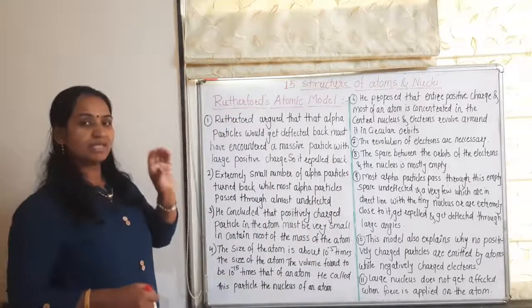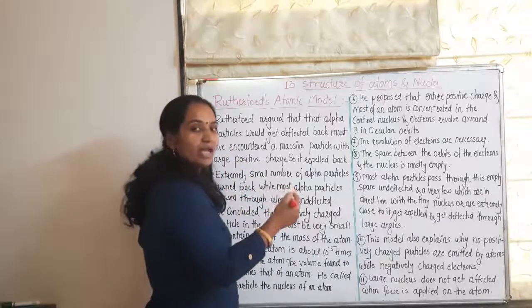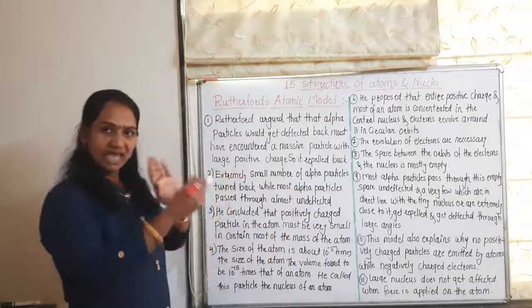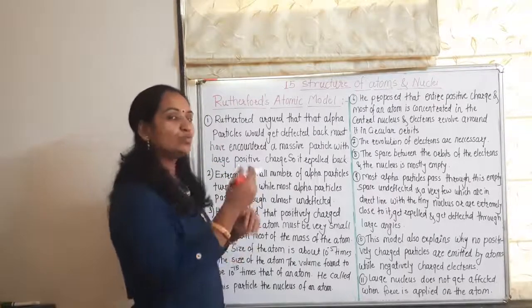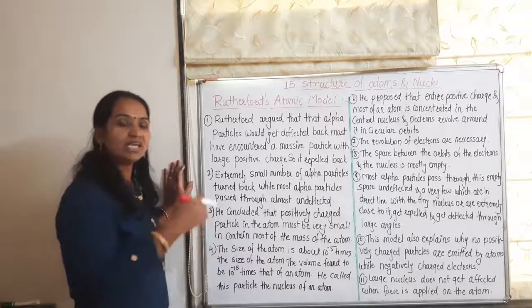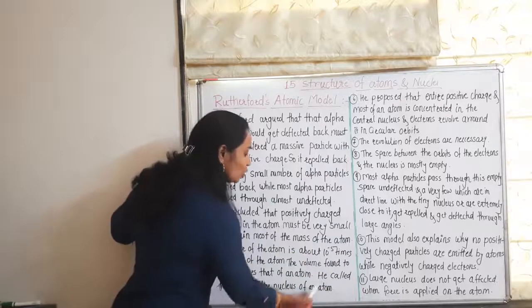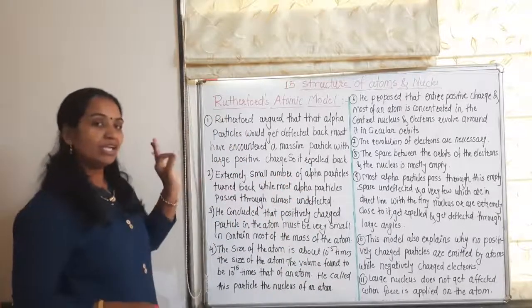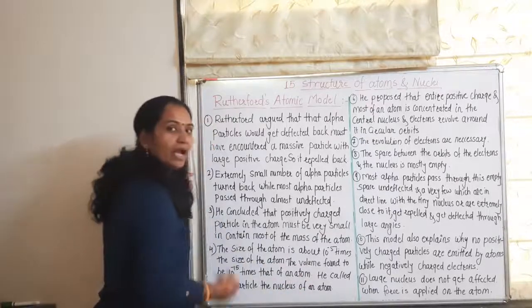Its size is 10 raised to minus 5 times the size of an atom, and its volume is 10 raised to minus 15 times that of an atom. He called this particle the nucleus of an atom.